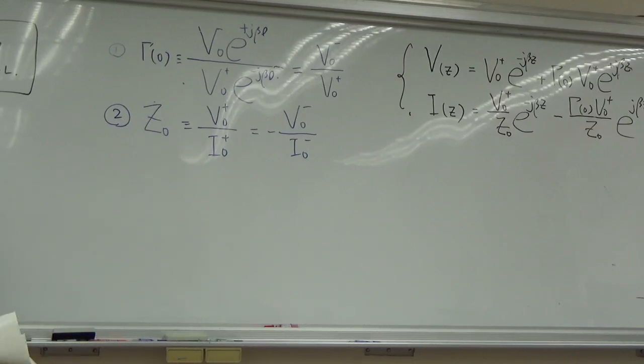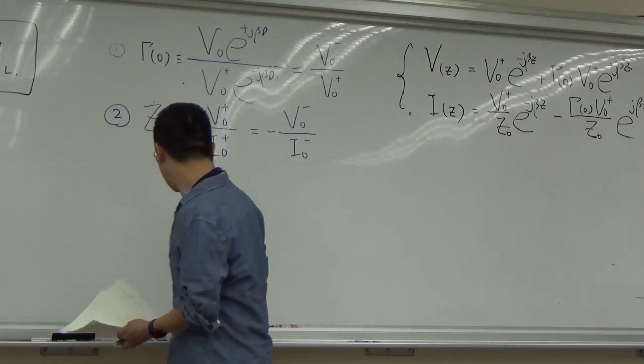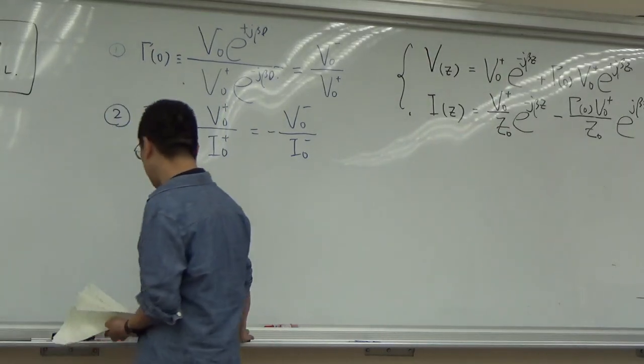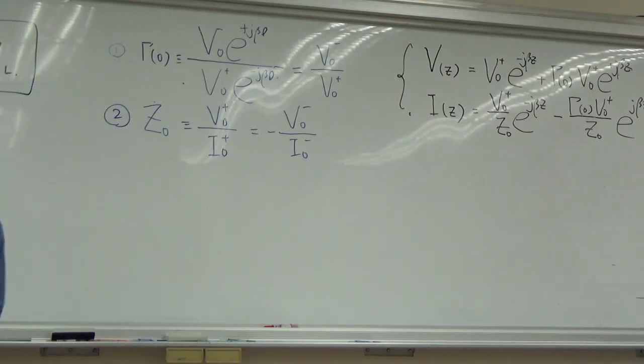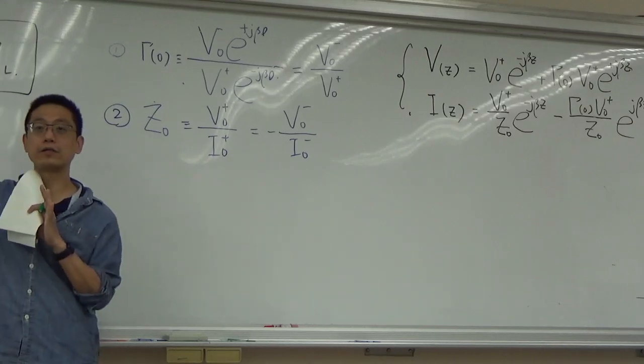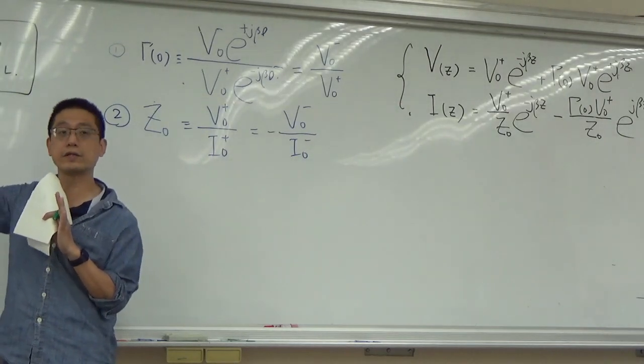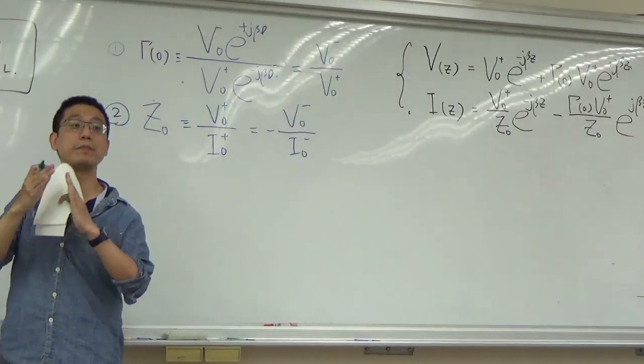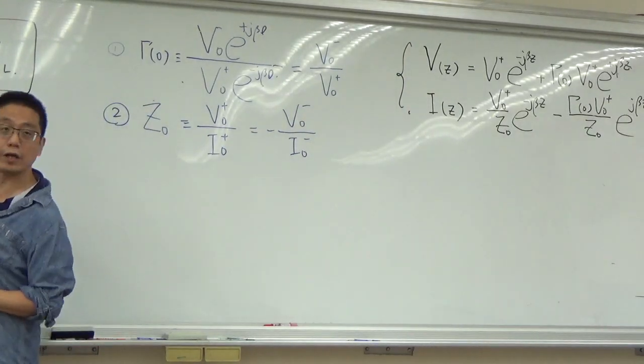What are the functions of those values? Something we need to know is how long the transmission line is. If we define a variable for the length of the transmission line, we call that small l. l is always a positive value. It means the physical length of the transmission line, right?